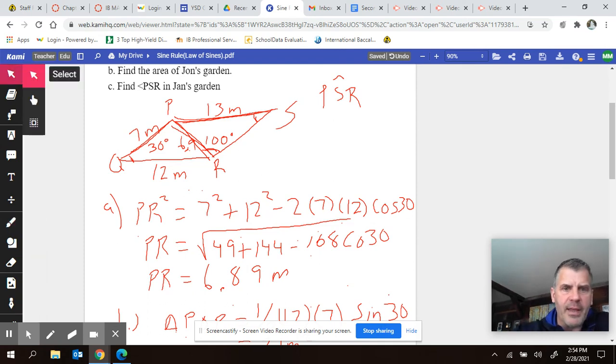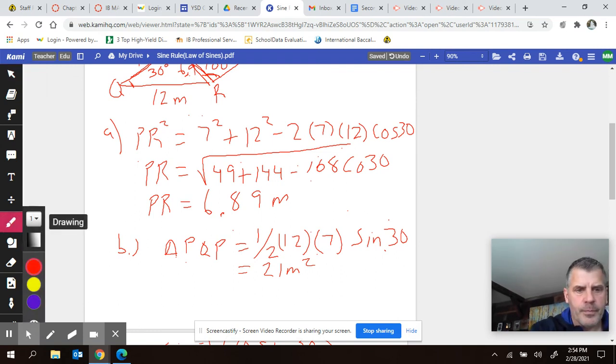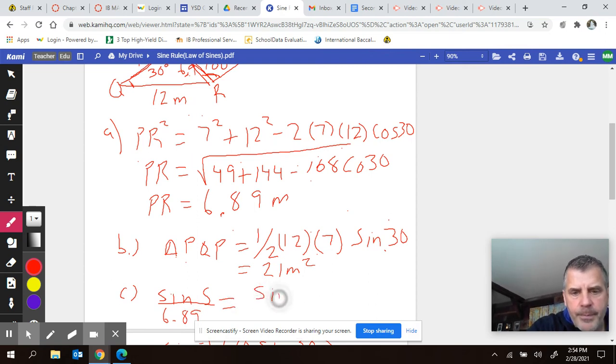So the setup goes like this. I'm going to say the sine of S is to that 6.89 that we have there as the sine of 100 is to that opposite side there being 13 meters.